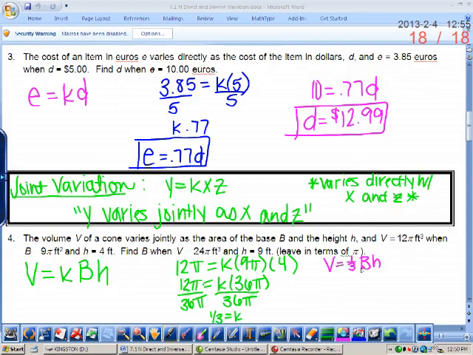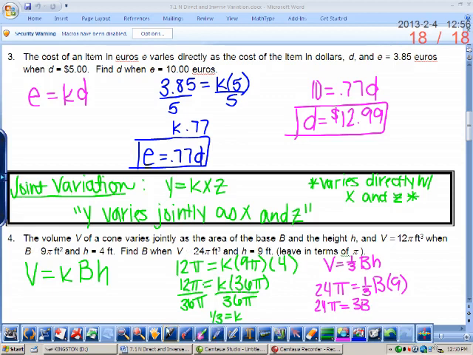All right, and we're given that the volume is 24 pi and the height is 9. We want to solve for B. What's 1/3 times 9? 3. So we have 24 pi equals 3B. So what would we do?